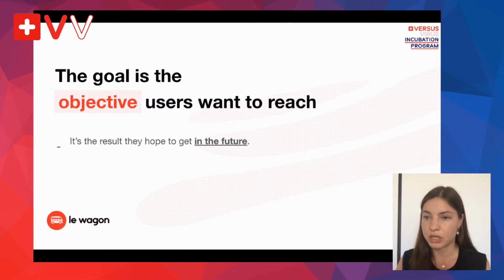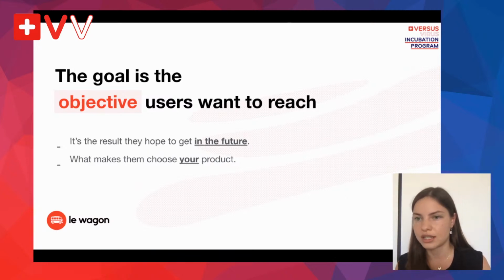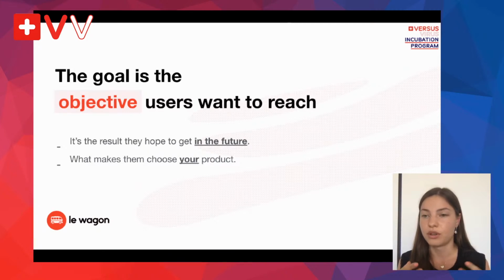That's also quite important to understand, and it's really what's going to make your product be chosen over other products. Those two UX components are essential to define from the beginning of your journey, from the start of your sprint onwards, because it's what you're going to base all your decisions on.